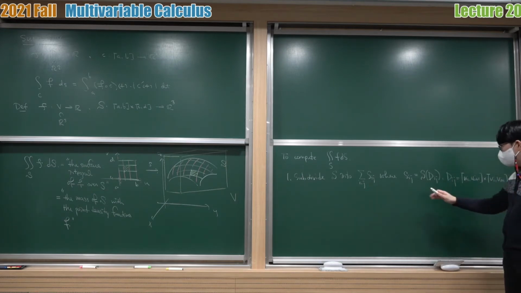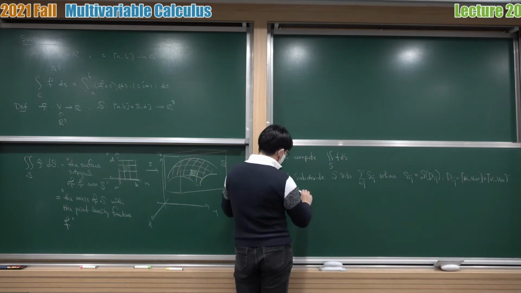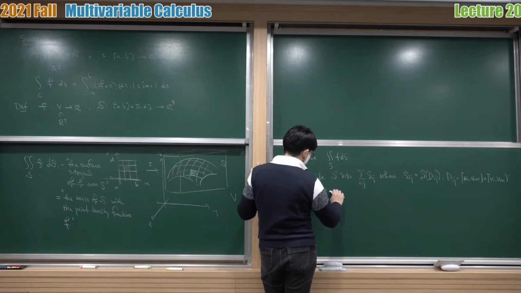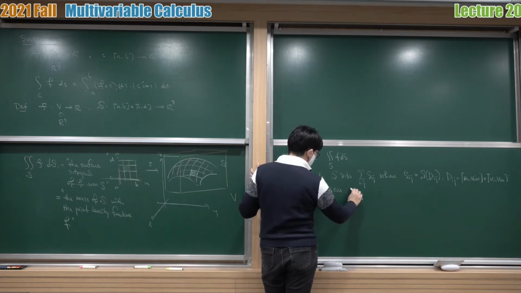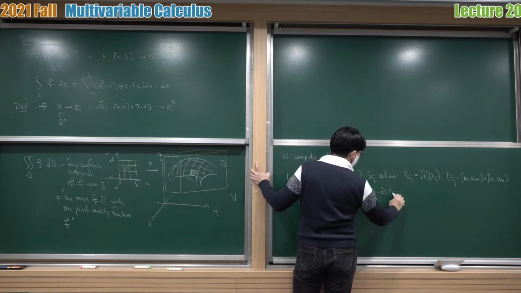Now, if I have to be more concrete, I can define my ui. And ui is a plus i delta u, and delta u is (b minus a) over n.